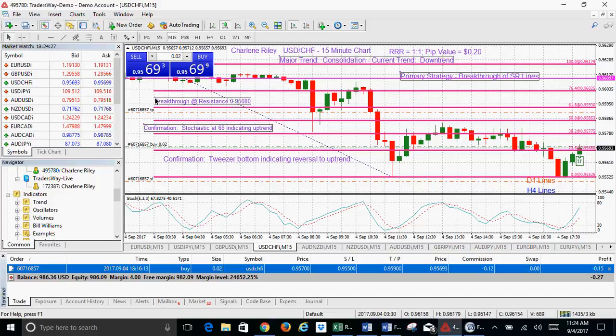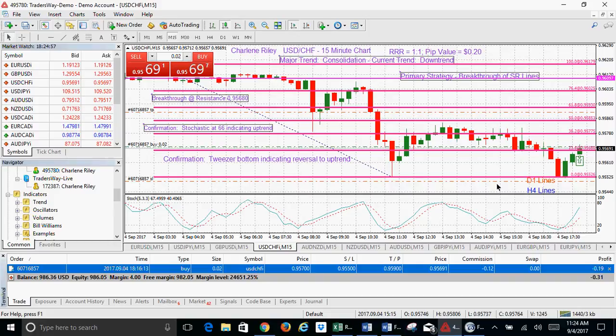I had my breakthrough at resistance 95680, and I had the stochastic at 66 and rising, indicating the uptrend, and I also had the tweezer bottom indicating the reversal to an uptrend. So because of that, I entered into a buy, and I entered here.